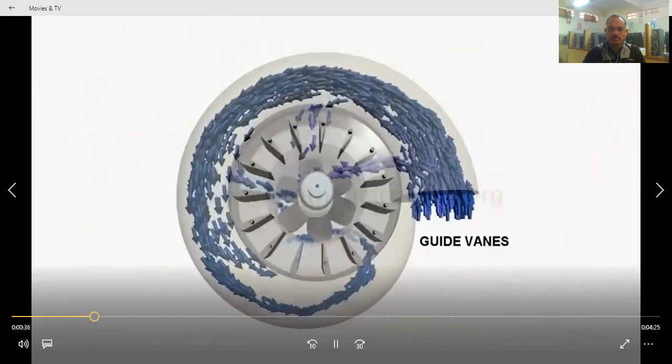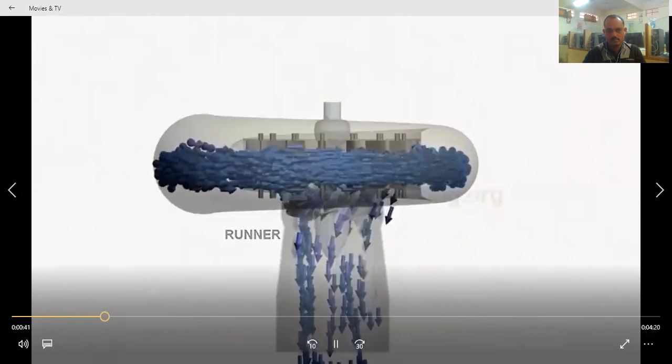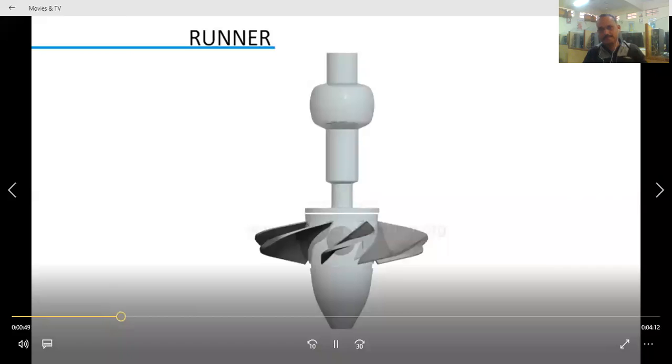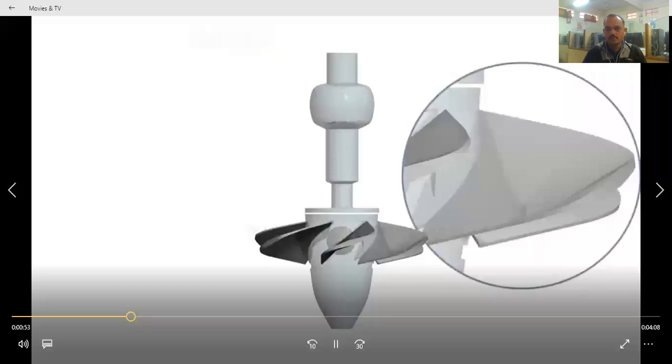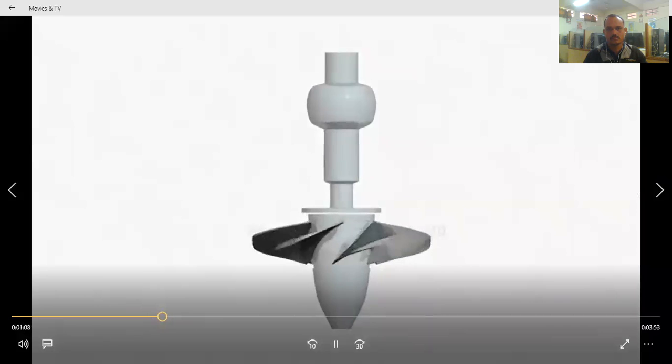Water after crossing the guide vanes passes over the runner. Finally, it leaves through a draft tube. Most important part of Kaplan turbine is its runner. Cross section of runner blade will have a curved shape. When water flows over it, it will induce a lift force due to airfoil effect. Tangential component of lift force will make the runner rotate. This rotation is transferred to a generator for electricity production.